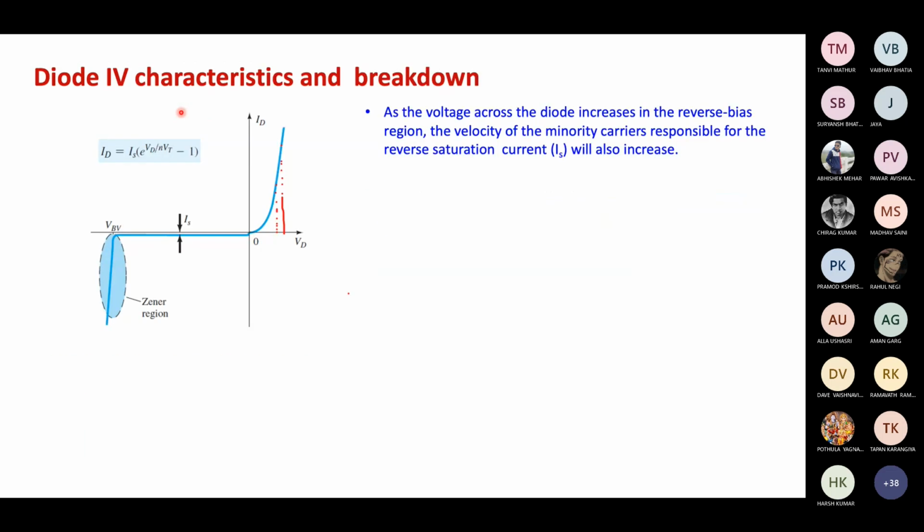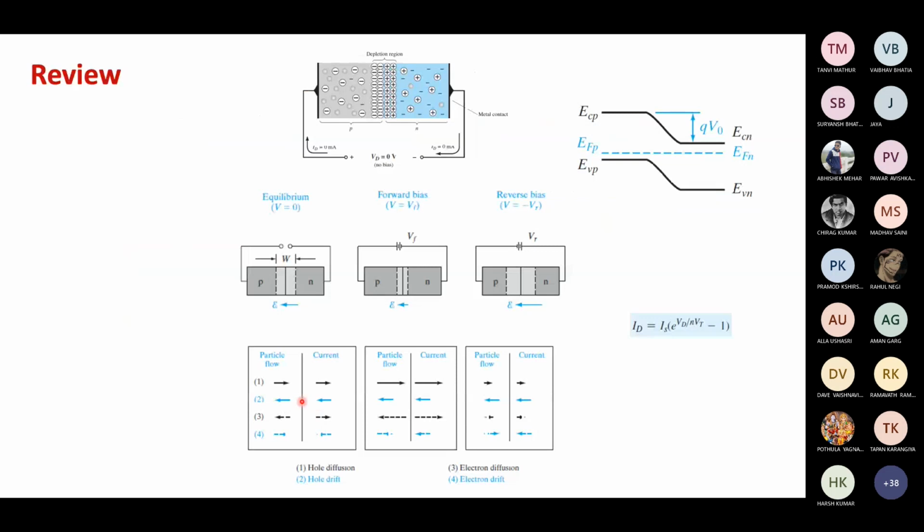We have seen in a PN junction how the carriers move around. There is a diffusion of majority carriers and a drift of minority carriers. Diffusion happens because on one side we have a large concentration of certain carriers and on the other side a very small concentration. The drift happens because there is an inbuilt electric field at the junction, and as soon as any electron hole pair is generated or comes in that region, it is swept away.